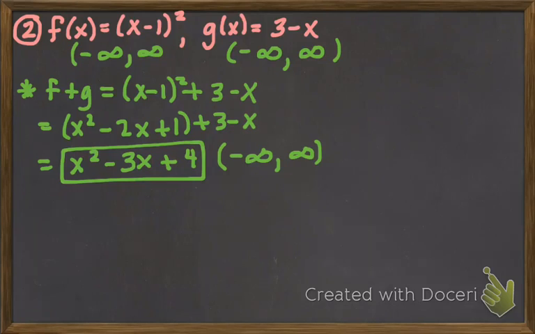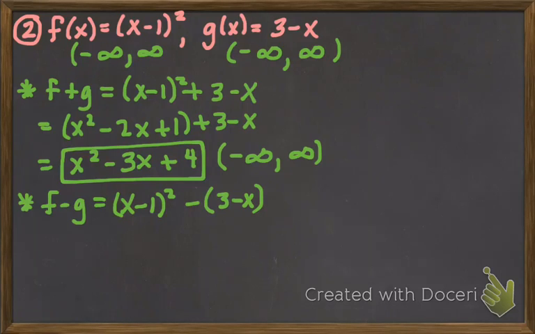So then we have f minus g, which is going to look very much the same. f minus g equals x minus 1 squared minus, and when you subtract, you need to make sure that you put whatever you're subtracting in parentheses because each term has to get subtracted.